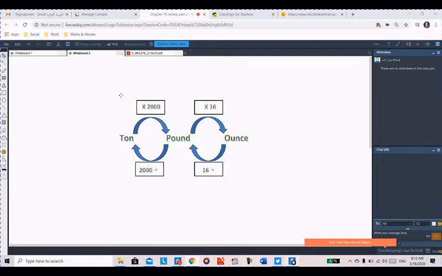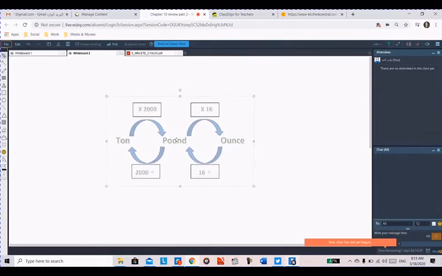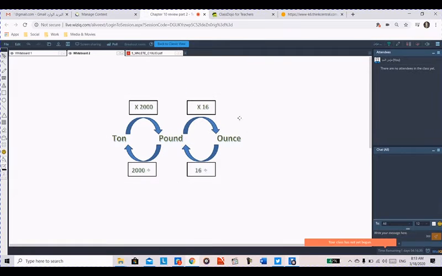Okay, so first of all, you have to keep in your mind this diagram. The biggest unit, ton, and then we have pounds, and ounce is the smallest unit. To convert from big to small, you have to multiply.